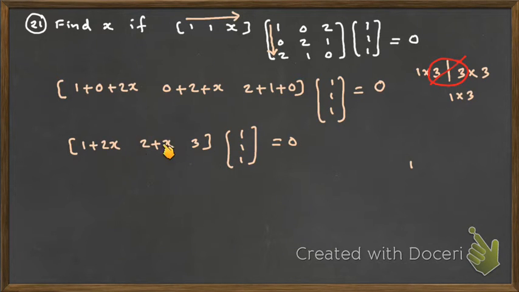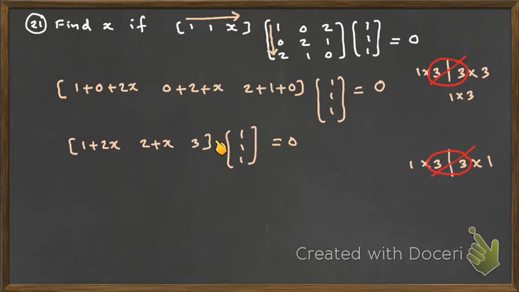Now I need to do the multiplication of these two matrices, but I won't multiply without checking the order. This is 1 row, but it has 3 columns, so it's a 1 by 3 matrix, which is being multiplied by this matrix that has 3 rows, the first row, the second row, and the third row, but only 1 column.